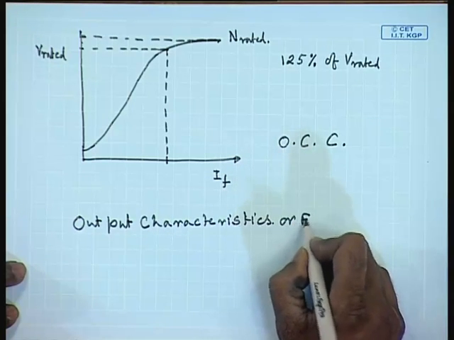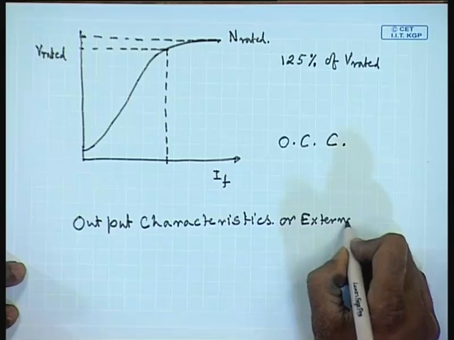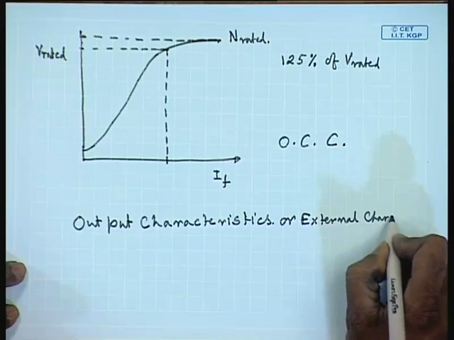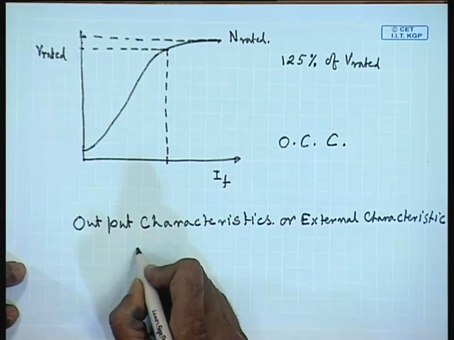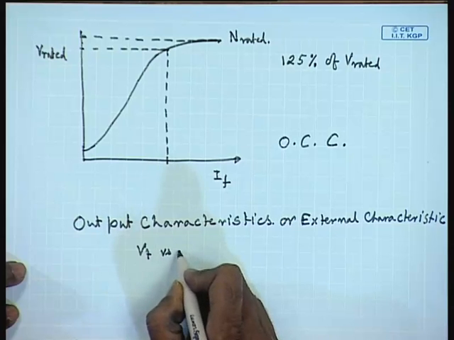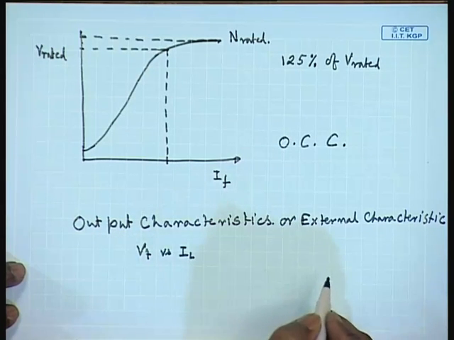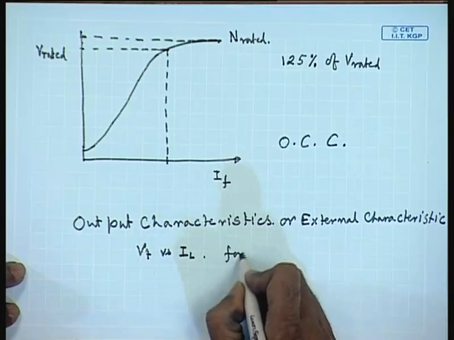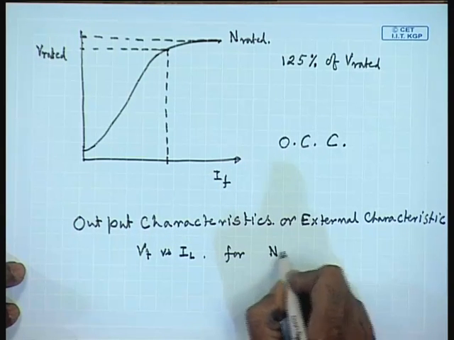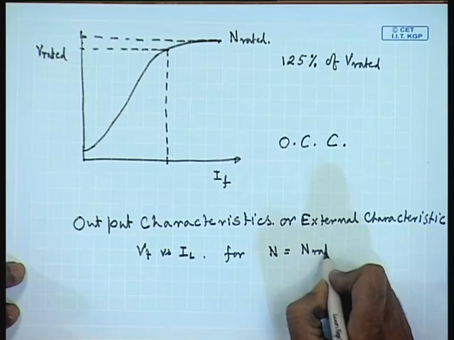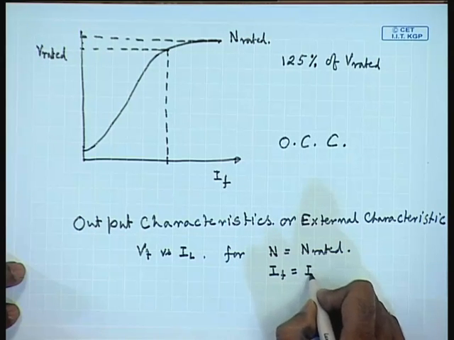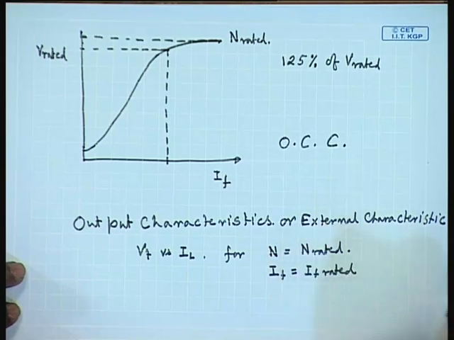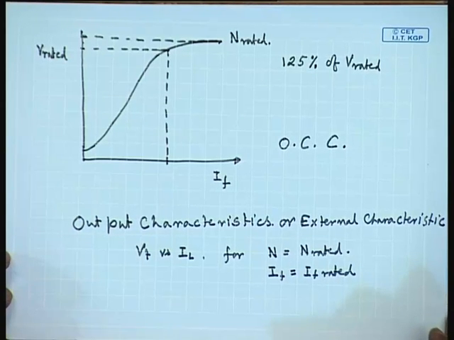This is a plot of the terminal voltage V t versus the load current I L, which is the same as I A in this case, for constant speed n equal to n rated and I f equal to I f rated, where I f rated is the field current required to produce rated voltage at no load.